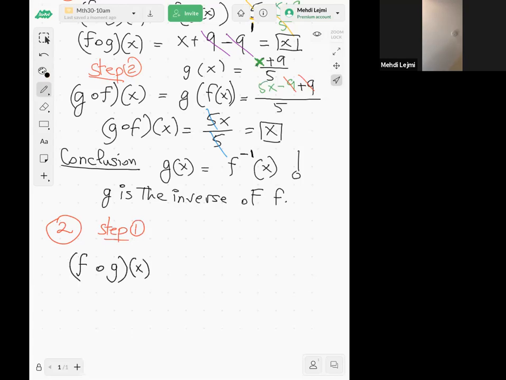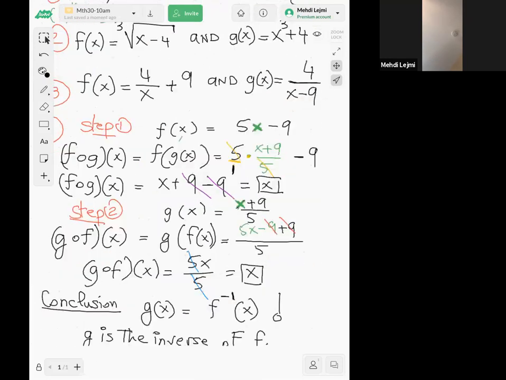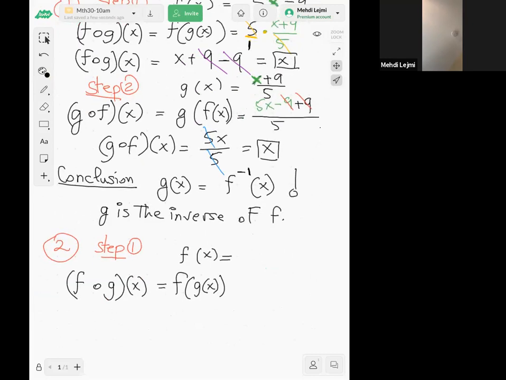So again, that's f of g of x. My f of x is the third root of x minus 4.